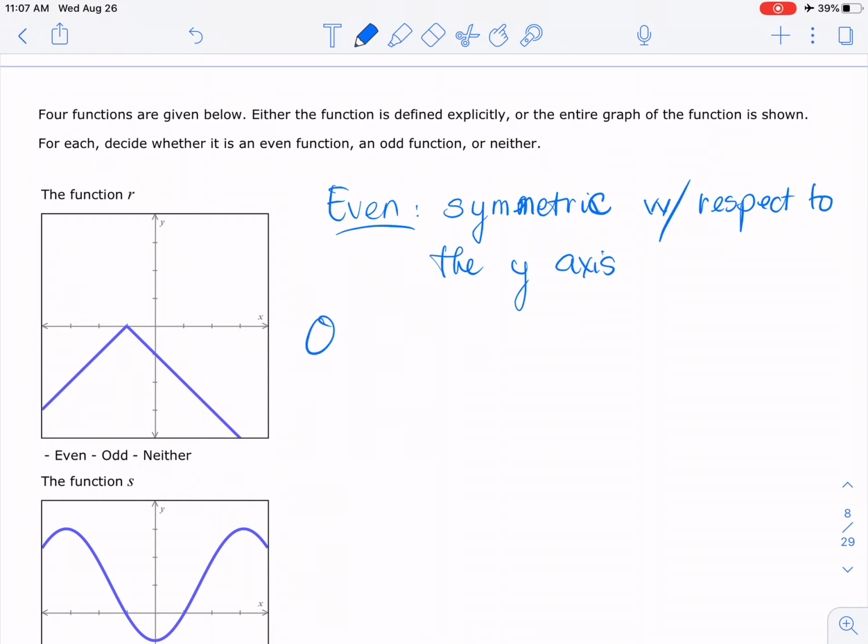And then for the odd function, your graph is symmetric with respect to the origin.